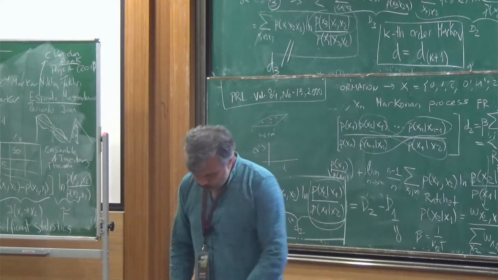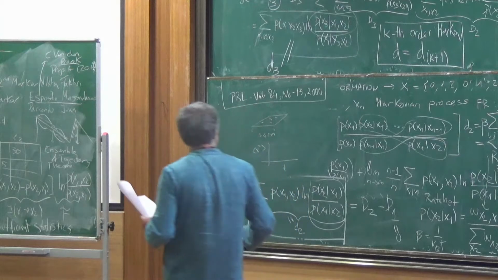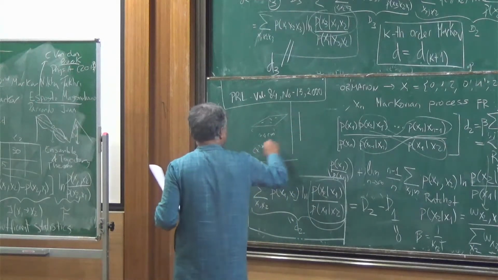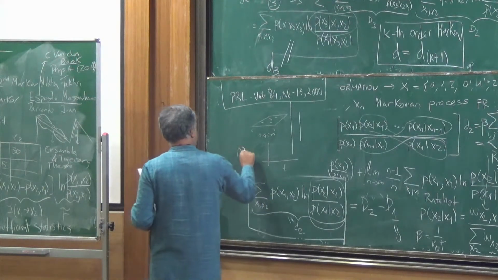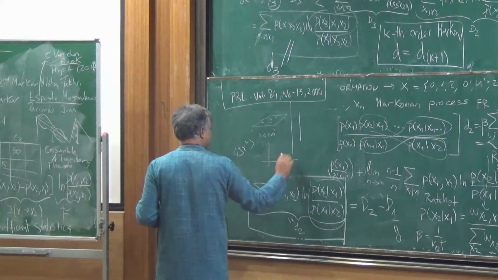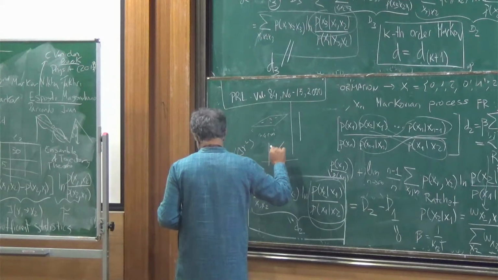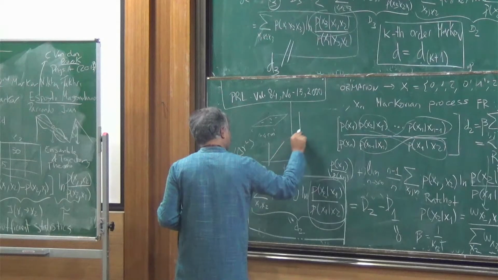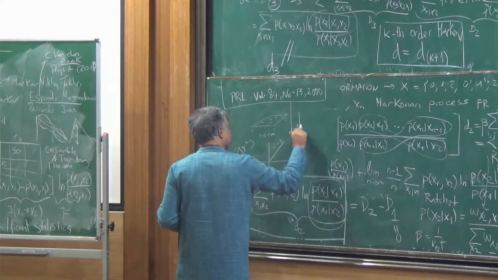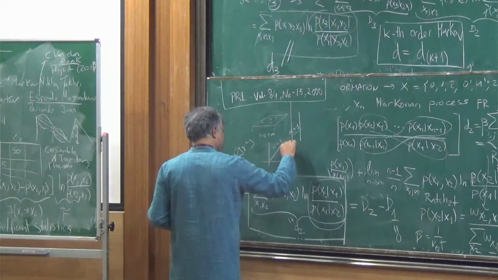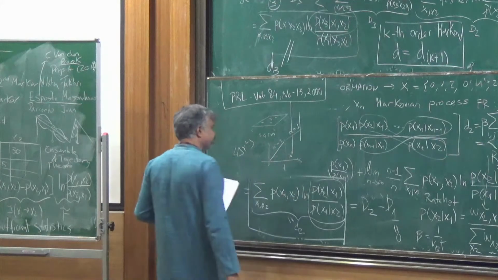The main result of the paper is this graph: delta R square average versus time, roughly sketching. It goes as t to the power alpha, where alpha is close to 2 at short times and alpha is 1 at long times. The crossover time scale is 10 to the power 0, that is 1 second.